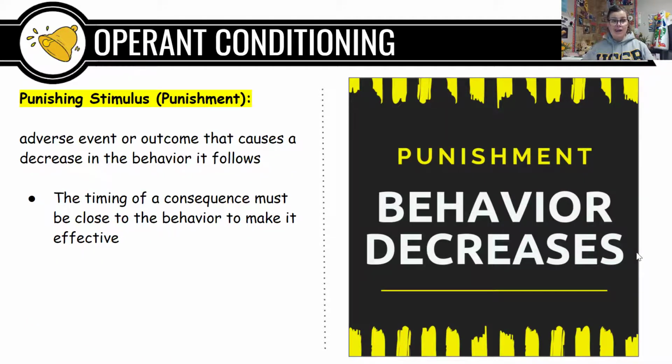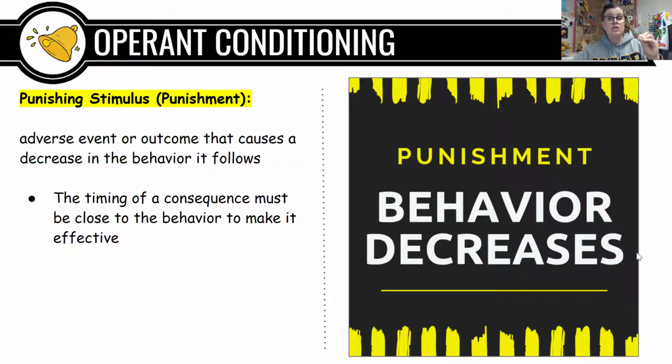So now we have to talk about punishment and a punishing stimulus. Punishment is the presentation of an adverse event or outcome that causes a decrease in the behavior that it follows.